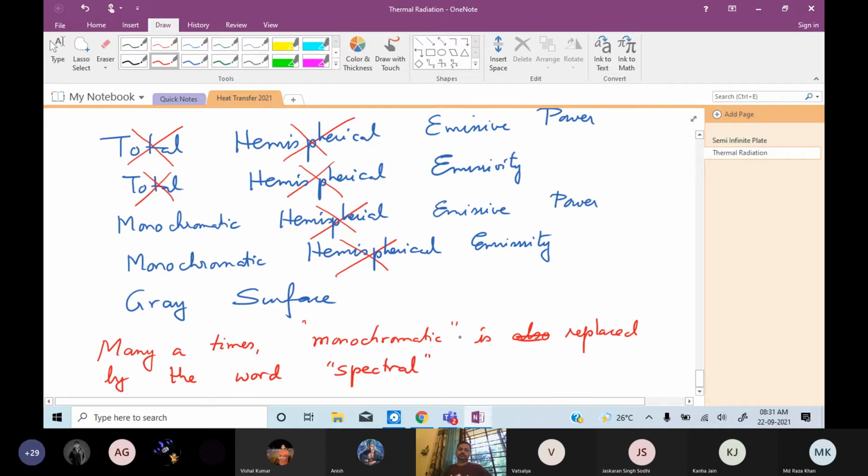So people may say the spectral emissive power at a wavelength of 500 microns is X watt per meter squared per micron. It means monochromatic. So spectral and monochromatic are used interchangeably.